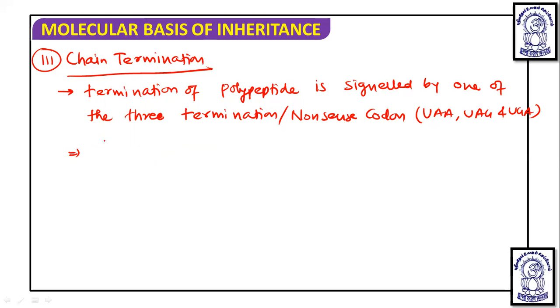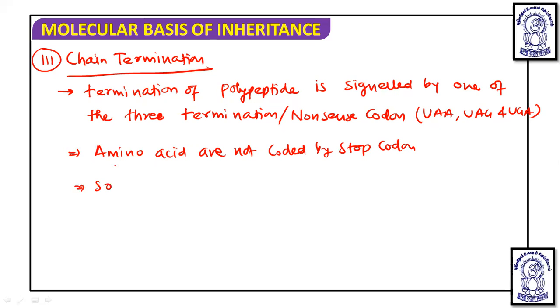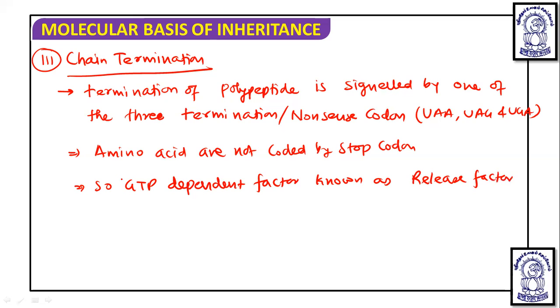So amino acids are not coded by stop codons. So, a GTP dependent factor known as release factor associates or binds with the termination codon.